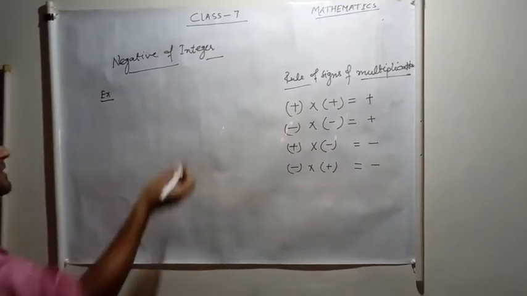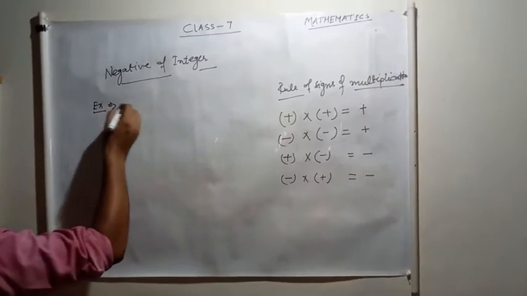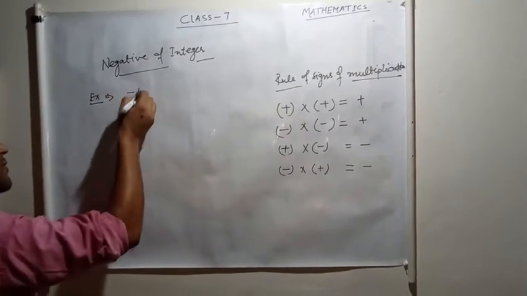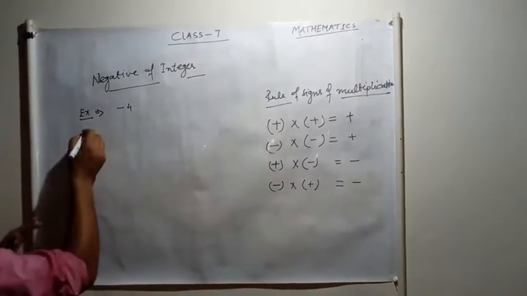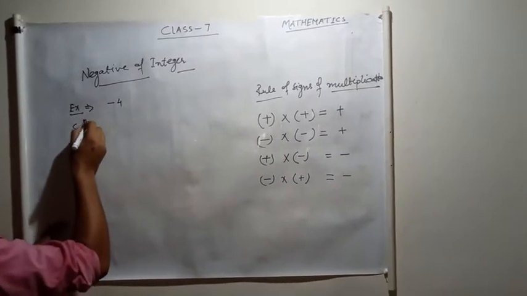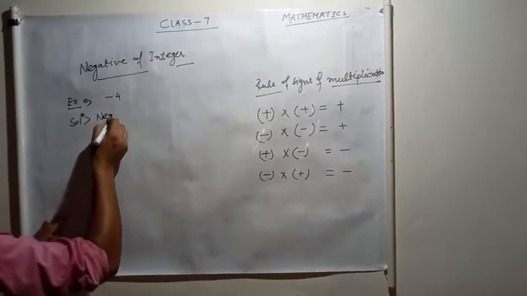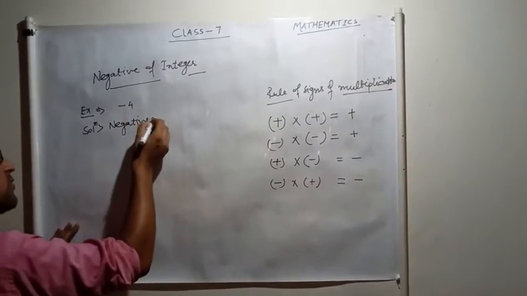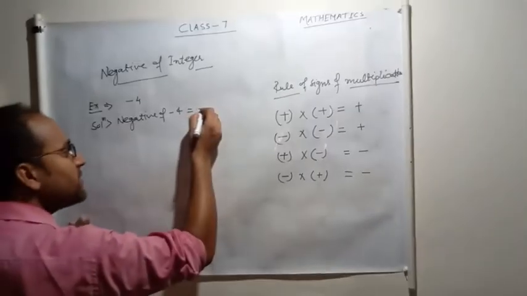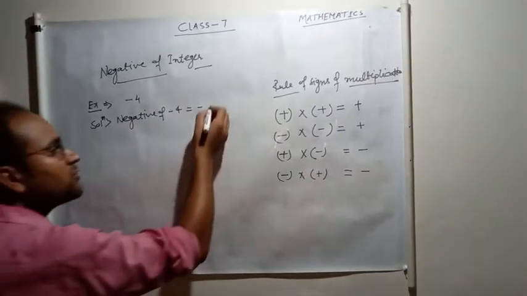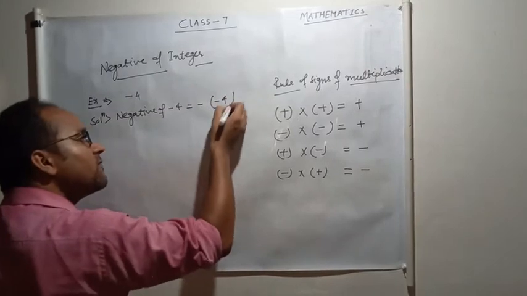Suppose find the negative of minus 4. Find the negative of minus 4. In your solution, students, negative of minus 4. Basically first we put the minus, and then we write the integer minus 4.